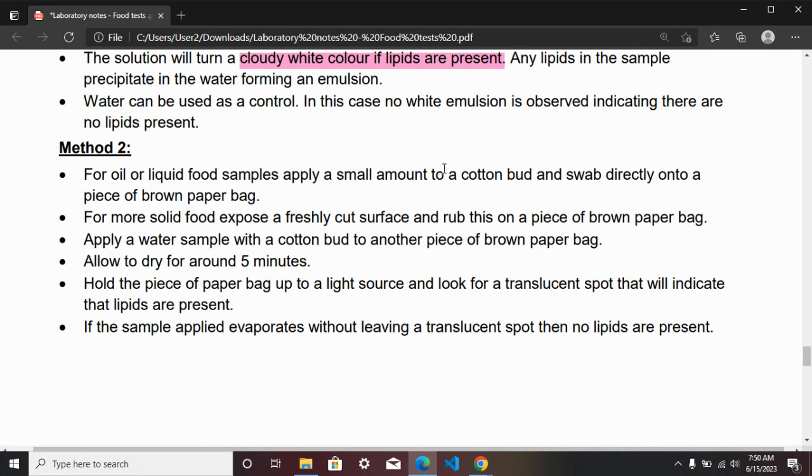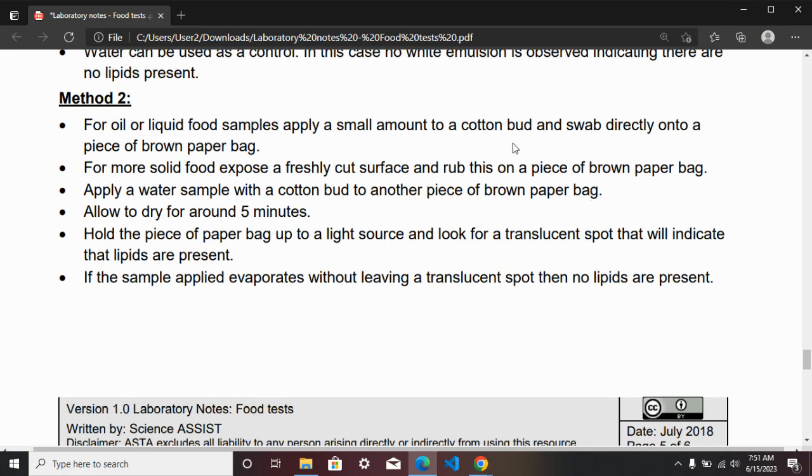For the second method, the grease spot test for oil or liquid samples, apply a small amount to a cotton bud and swab directly onto a piece of brown paper. Then we will allow it to dry for around 5 minutes.